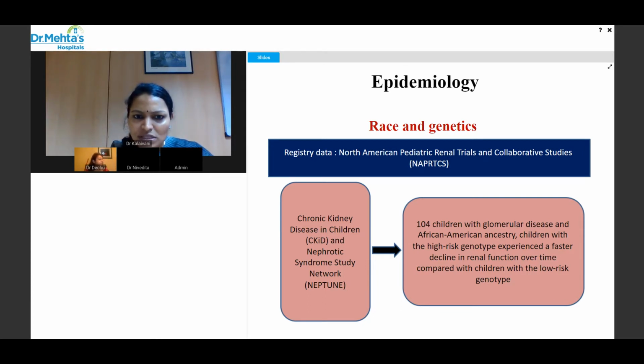It's probably because African Americans have a genotype which makes them more prone to glomerular disease, especially FSGS. It's because they have a genotype of apolipoprotein L1.